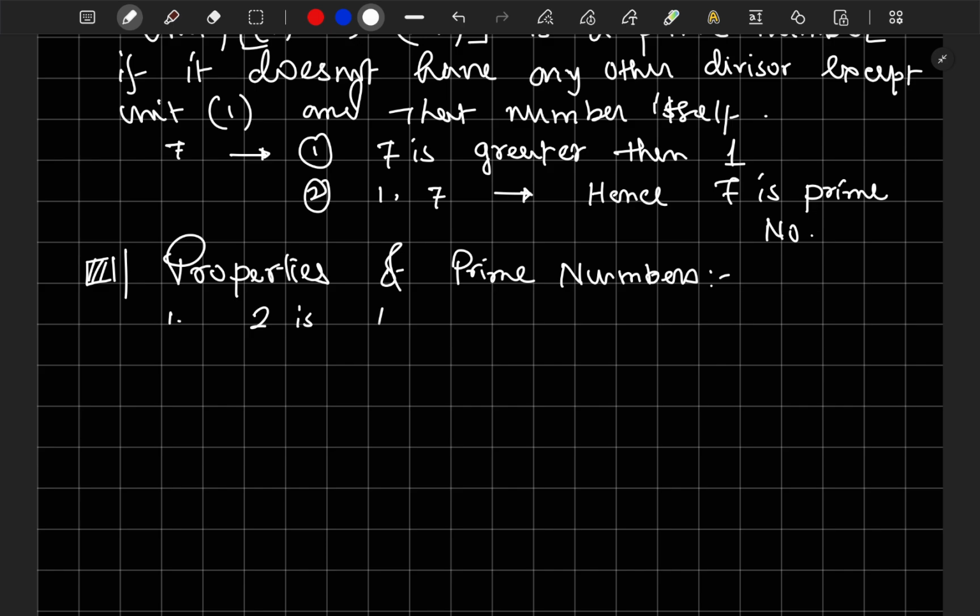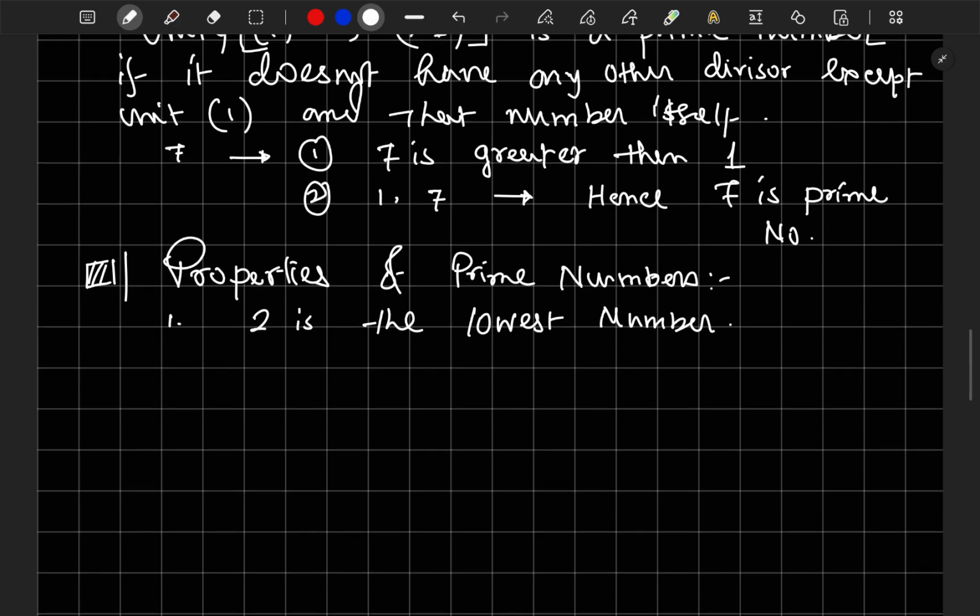So what makes 2 the lowest prime number? I said that a prime number must be greater than unity. So property one: 2 is greater than unity.